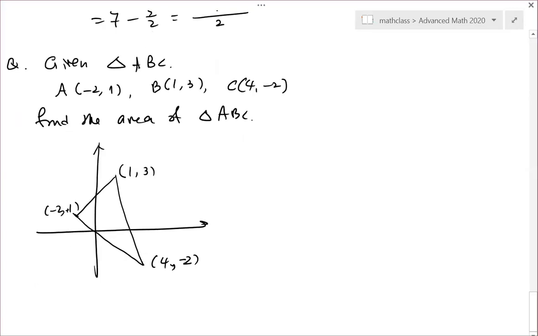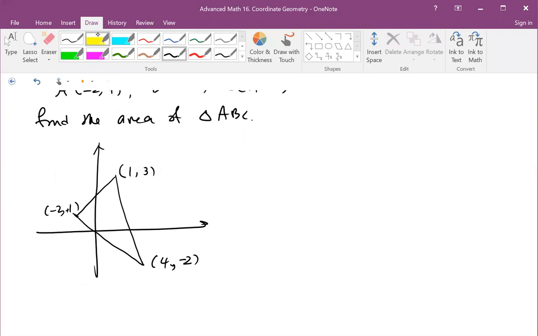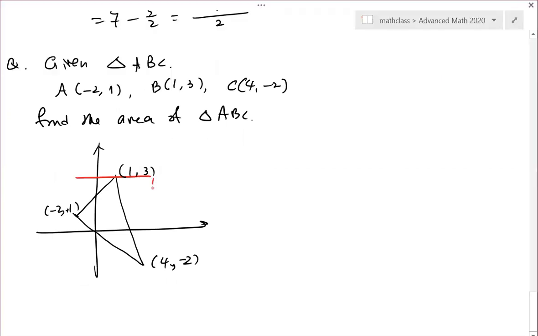So we don't care whether this is passing through the origin or not. The idea is to make a rectangle, so it's easy to find the edge lengths.